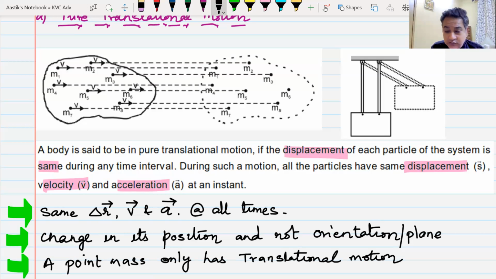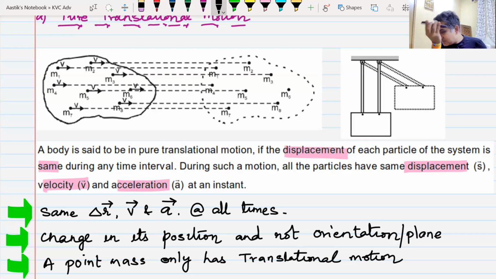Up till now, what we were doing was translational motion. Even that circular motion was translation. If a body like this moves in a circle and its plane does not change, it is pure circular motion. Do we understand this?